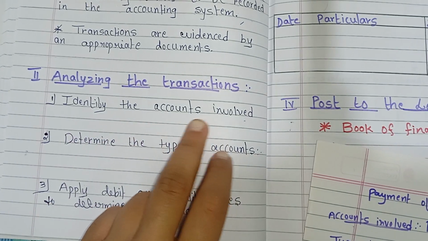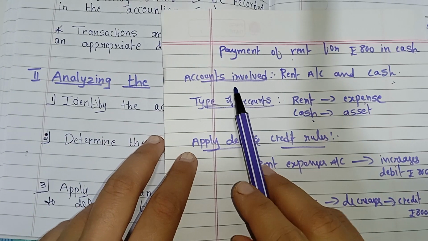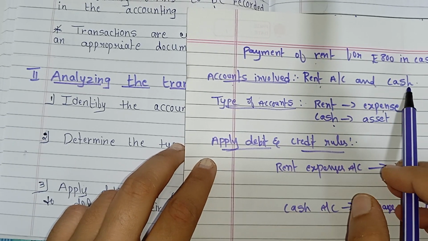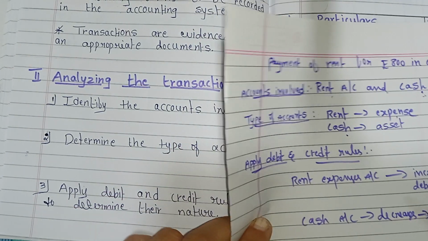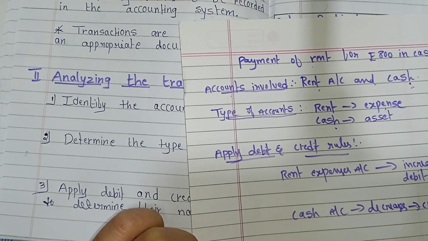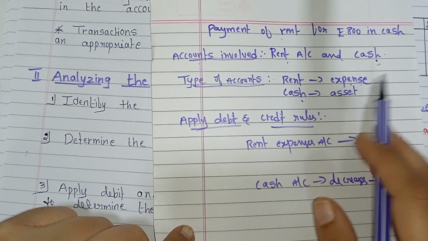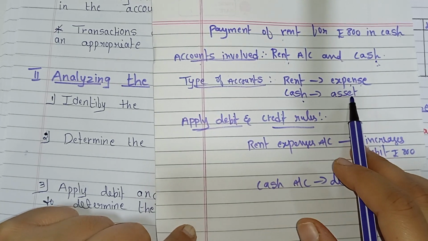Identify the accounts involved. We need to identify the accounts, that is here rent and cash, and determine the type of accounts. Means we need to classify the accounts as assets or liabilities or equity or revenue or expenses. Here rent is related to expense, and cash is an asset.